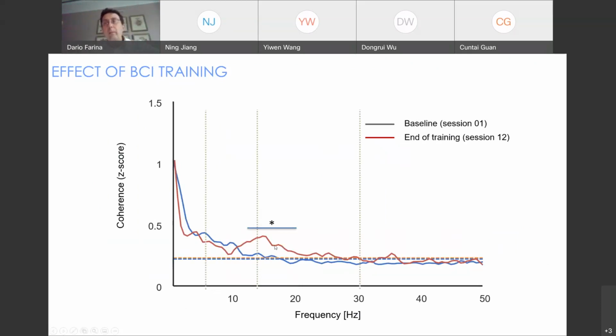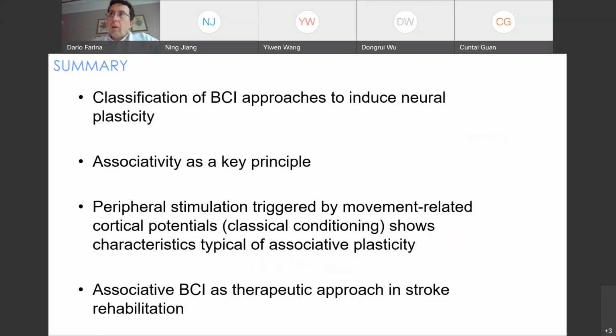So we are able now to look at this mechanism of plasticity through BCI, also at multiple levels, including functionally investigating the functional implication of cortical excitability, meaning what happens when the motor signals are going down to the spinal cord and eventually to the spinal motor neurons, which tells us what could be the functional effect of a BCI intervention. So I've arrived to the end of this talk with a quick summary.